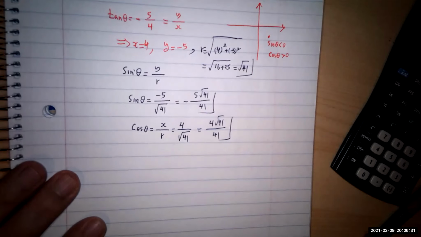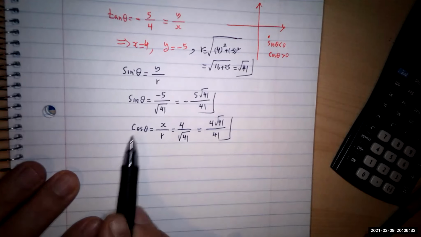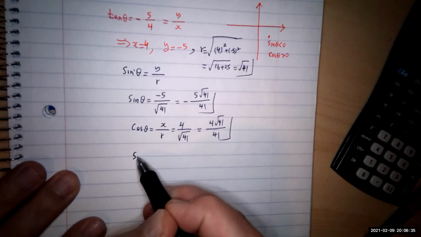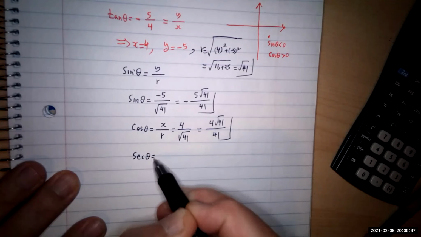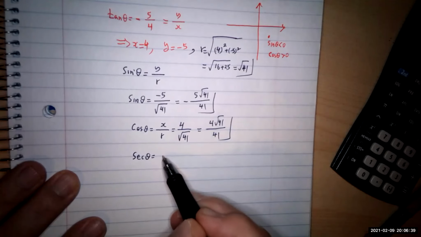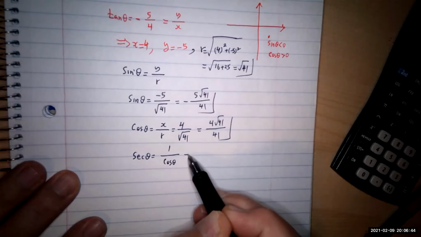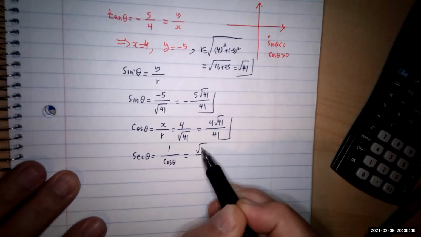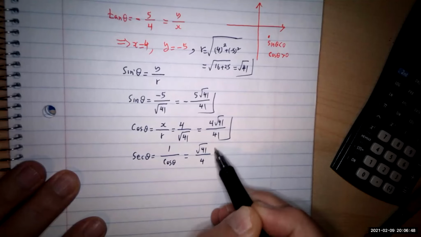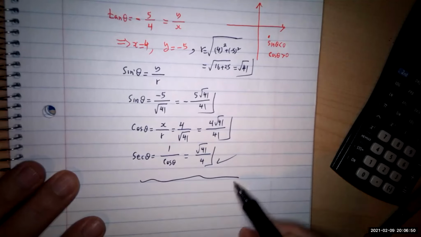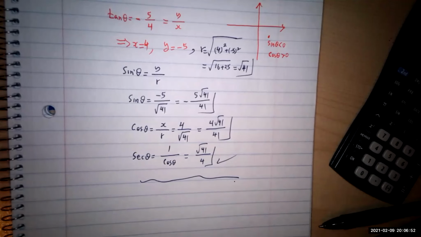As for the secant, secant is the reciprocal of the cosine. I just write it down to remind you: 1 over cosine of theta. So that's going to be radical 41 over 4. And then you're done. Okay, so this is what you are going to do in this section.